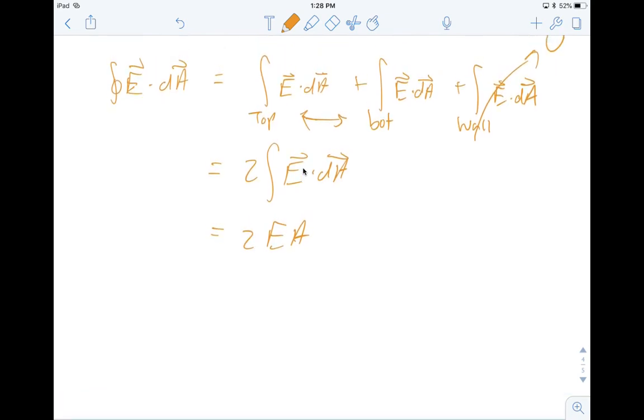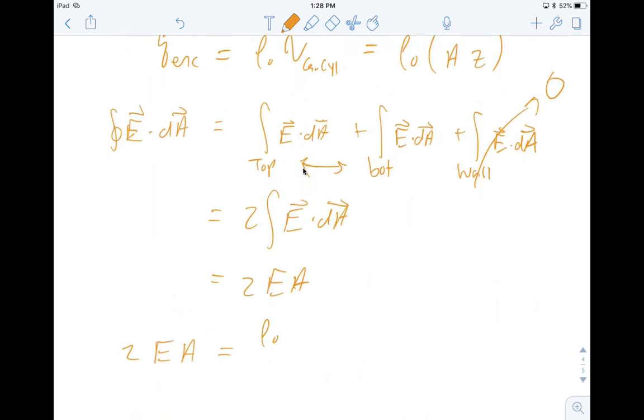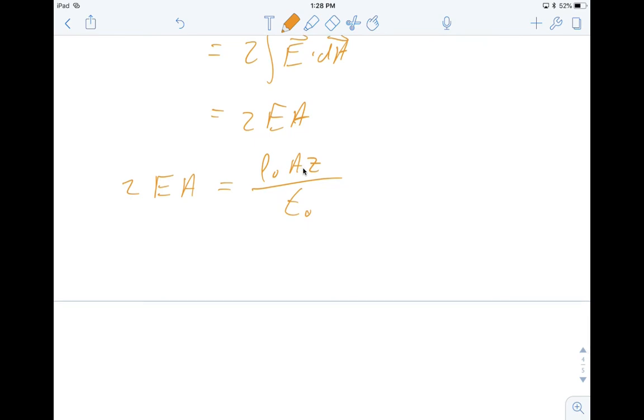So we would have 2EA equals Q enclosed, which we said was rho naught AZ, divided by epsilon naught. Then solving for electric field, notice the A's cancel out, so we get E is equal to rho naught Z over 2 epsilon naught.